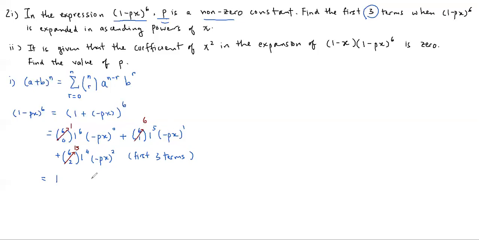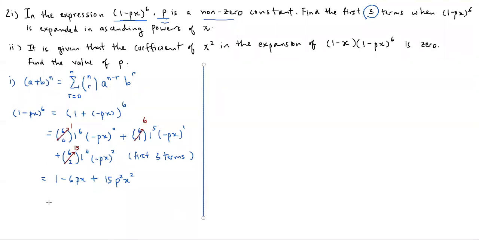The second term has a value of negative 6px, and the third term is 15 p squared x squared. That gives you the first 3 terms of the expansion. That is for the first part here.